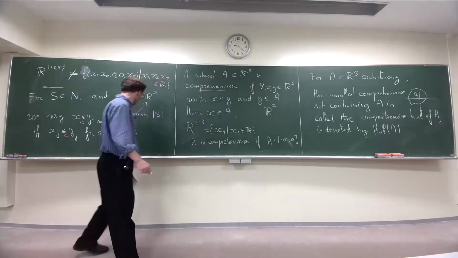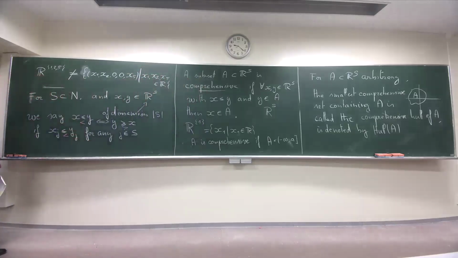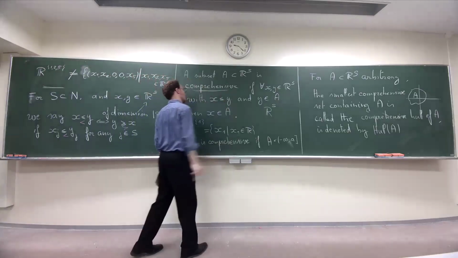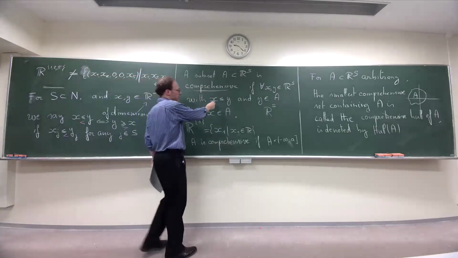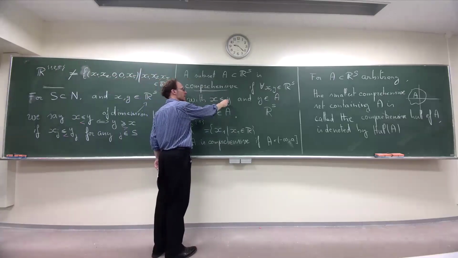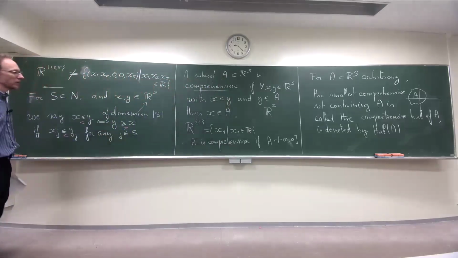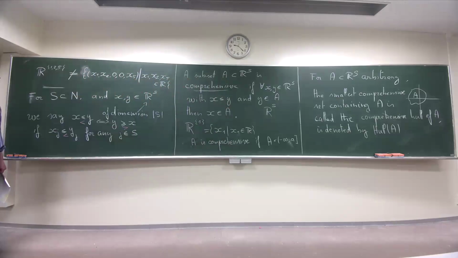I introduced an order between elements of R^S, and we have defined this notion of comprehensive, which means that whenever you have one point y in A, all the elements which are smaller, in the sense introduced here, are also in A. And so if you take an arbitrary set, you can construct the comprehensive hull.